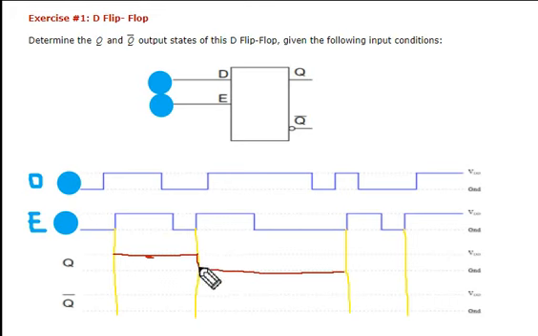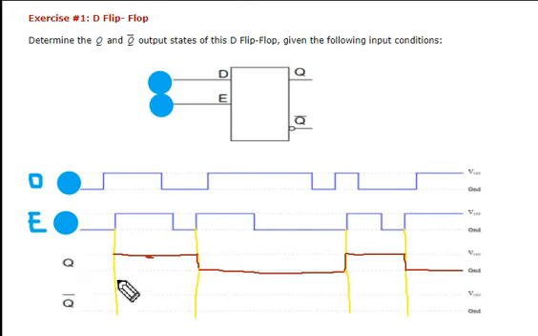Let's just connect that down. At this rising edge, D is high, so our Q, again, is high until the next rising edge. Connect that down. At this rising edge, our D is low, so Q is also low. And just connect that down.